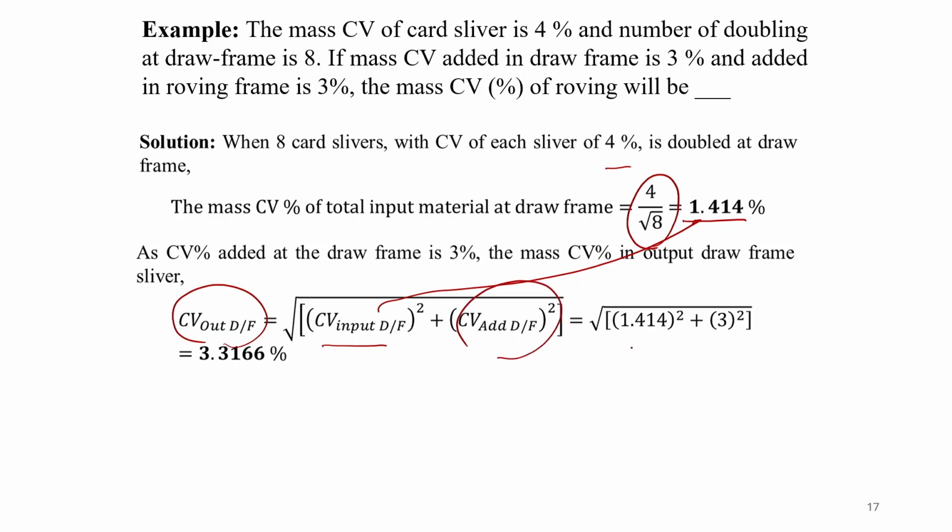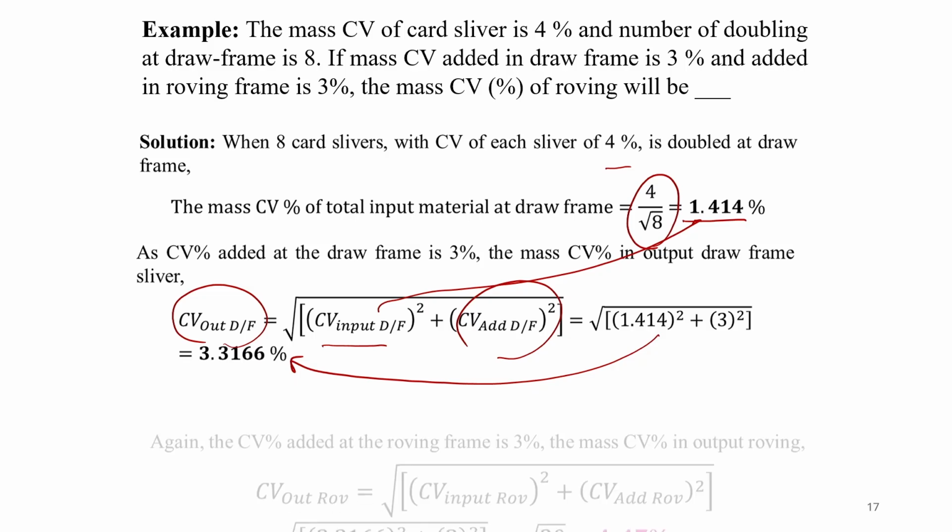So under root of 1.414 square plus 3 square will be 3.3166, that is the draw frame sliver.